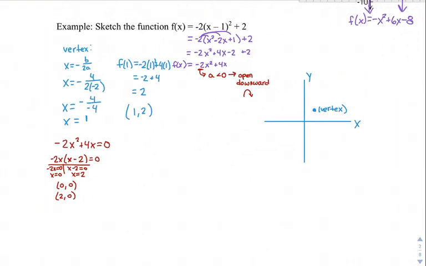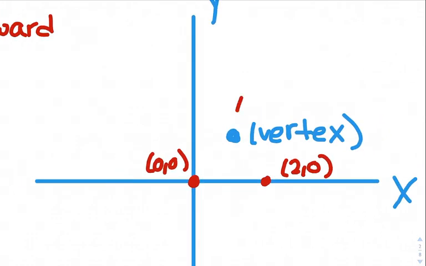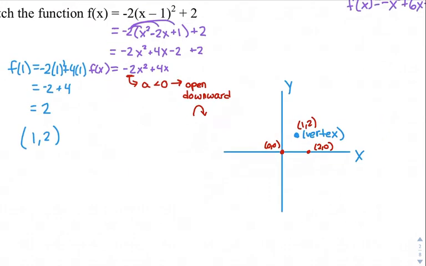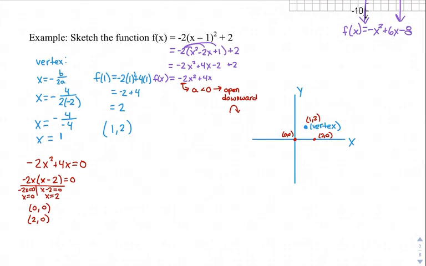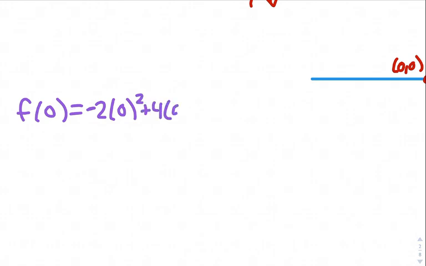So coming over to my sketch now, I can plot (0, 0) and then (2, 0). So make sure you also label your vertex as (1, 2). Last part is to figure out what your y-intercept is. So to do that, what you do is you plug in 0 for x. So this is going to be negative 2 times 0 squared plus 4 times 0.